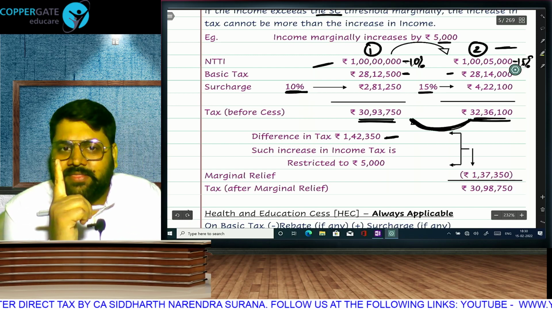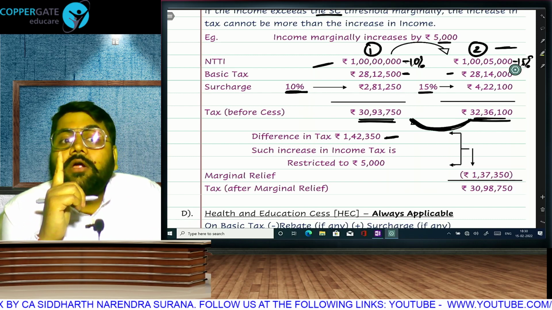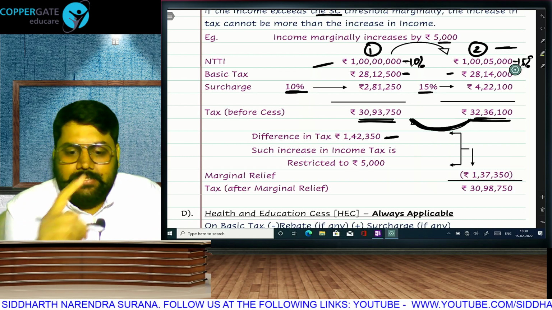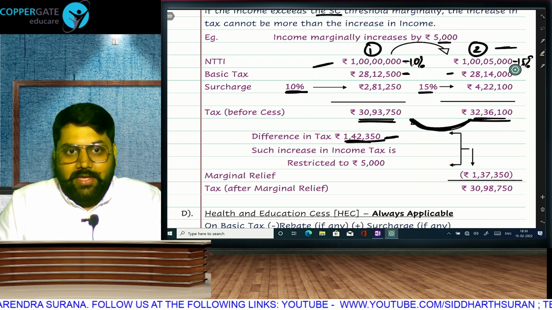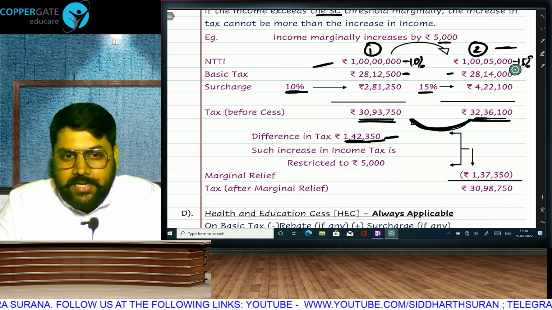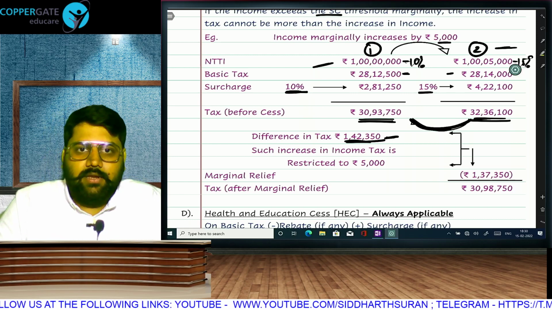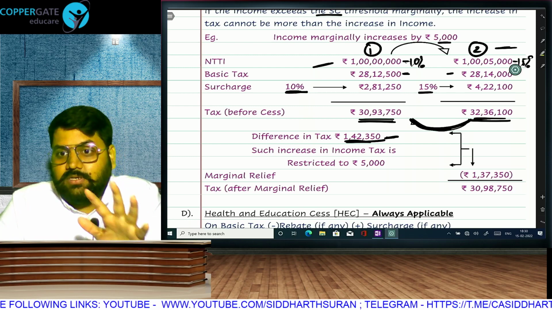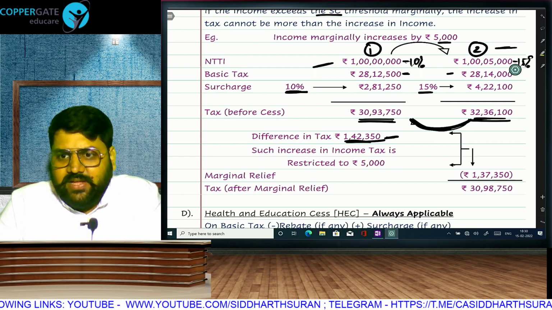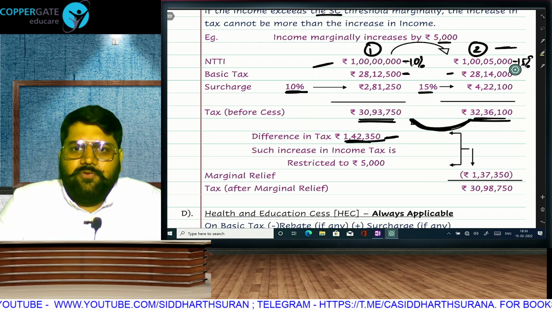And thus, in one line I will explain the concept of marginal relief. One line, record it if you want. The difference in tax cannot be more than the difference in income. I repeat, the difference in tax cannot be more than the difference in income. If income is exceeded by 5,000, then tax will increase only and only by rupees 5,000.